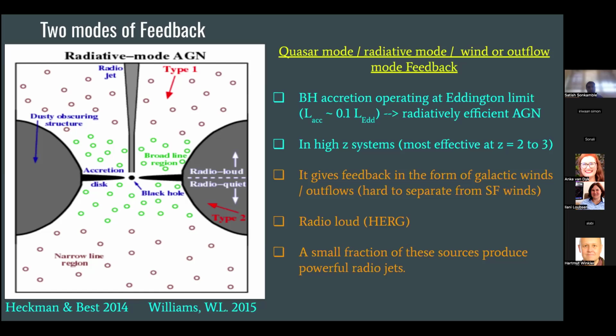In this radiative mode, some portion of objects are radio-quiet, that is, high excitation radio galaxies, and a small fraction also produce powerful radio jets, a very small fraction, less than 10%, in quasars. Depending upon the viewing angle, you can also see type 1 and type 2 AGN.